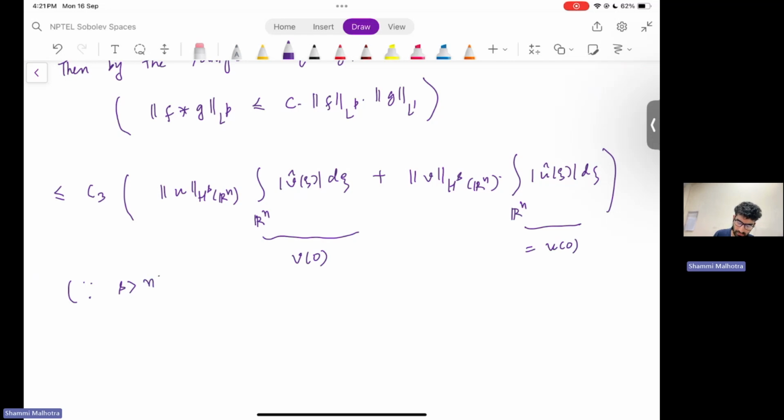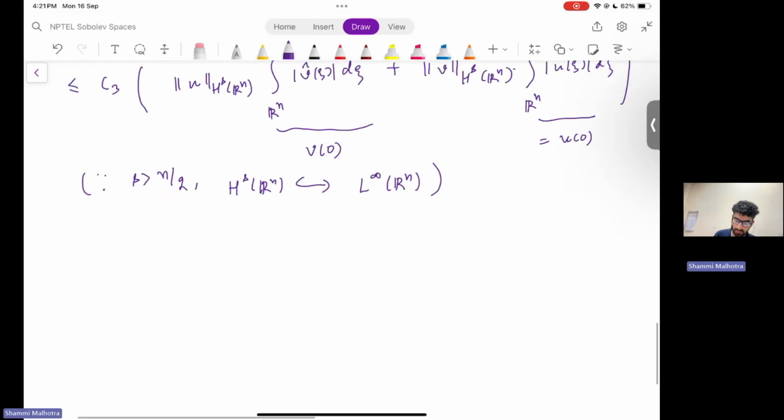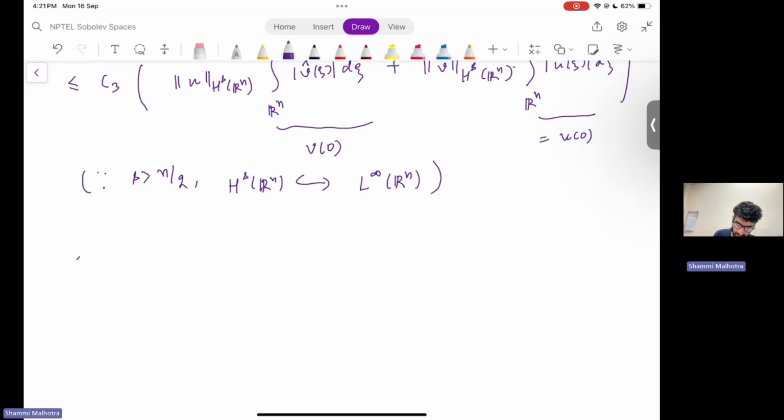But since s is greater than n by 2, we know that H^s of R^n is continuously embedded in L infinity of R^n. So this is something which we know. So what we basically end up with is that this is less than or equal to some C3, and we can take another constant C4, times the H^s norm of u.